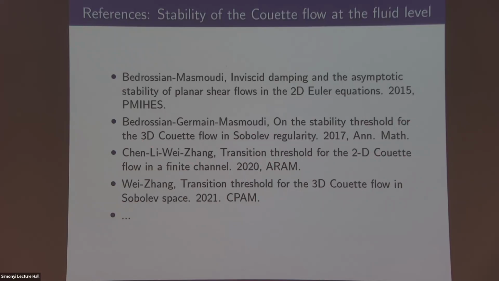So I explained this to Nader Masmoudi not that long ago, and he said, "Oh, you're doing inviscid damping," and I want to clarify that we're not doing inviscid damping, because inviscid damping uses Gevrey regularity and all this machinery.